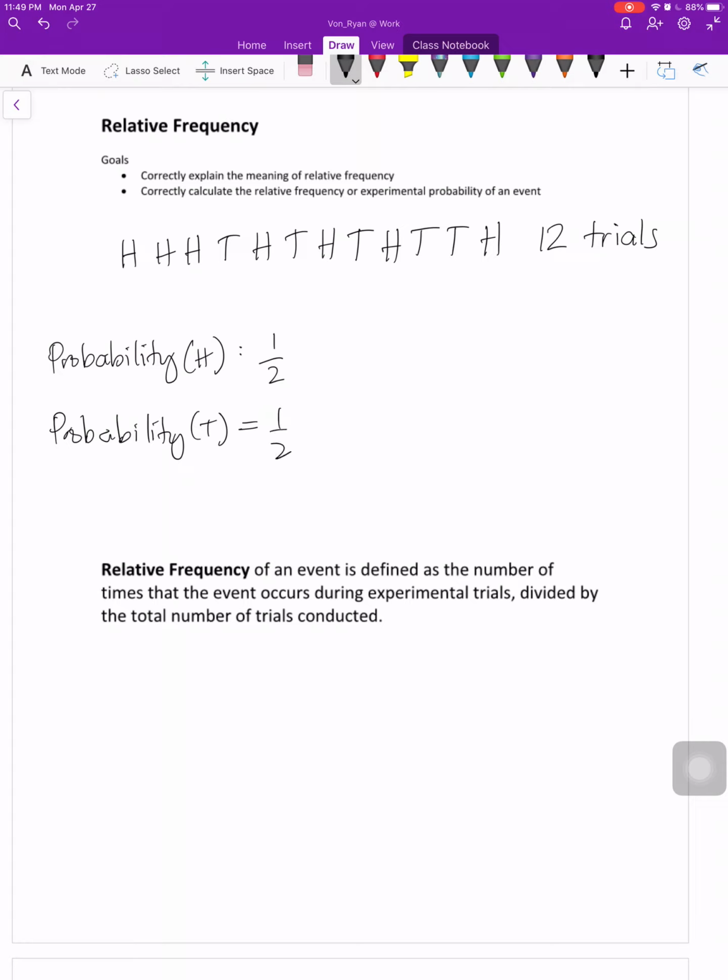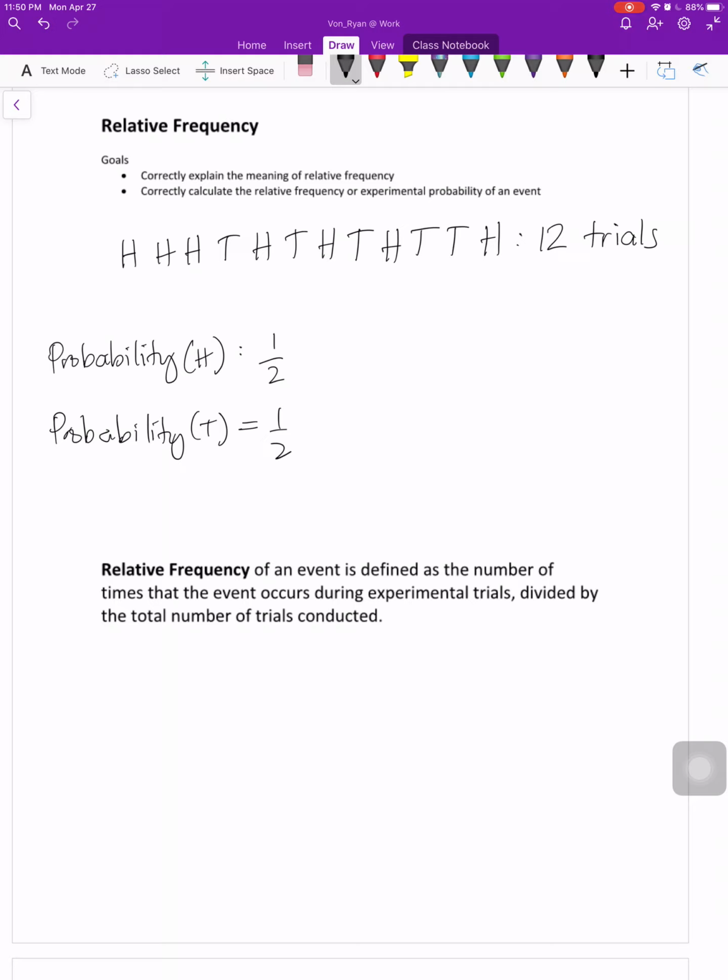You have a 50% chance of getting a tail when you toss a coin once. But suppose you're doing it 12 times. Obviously, you're not going to get equal results for heads or tails.